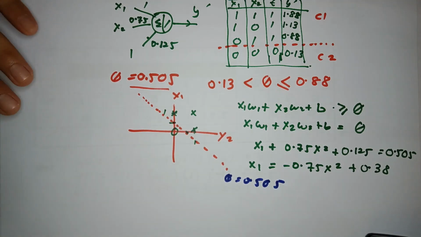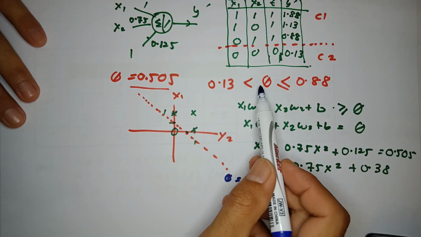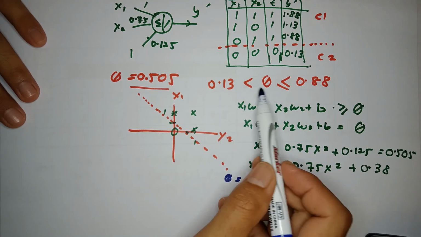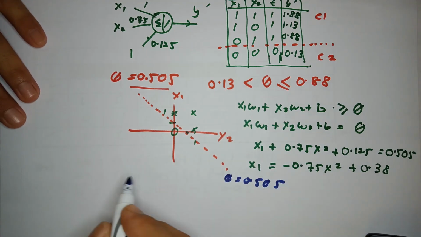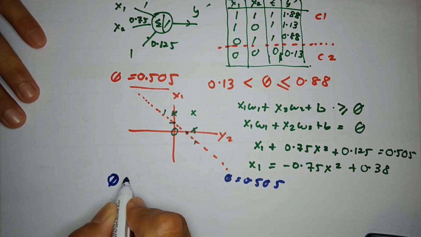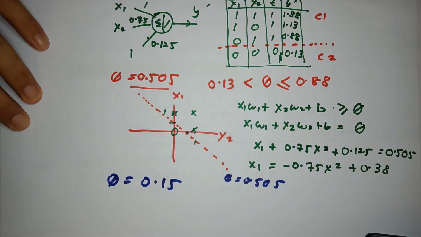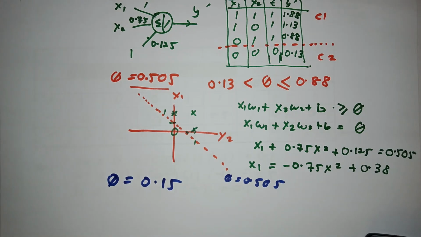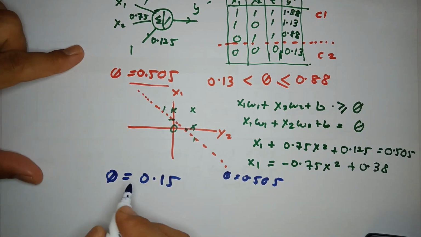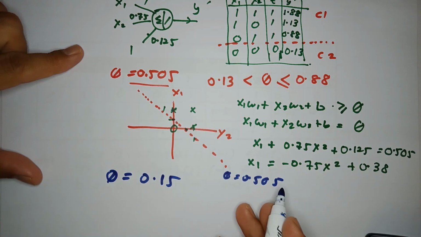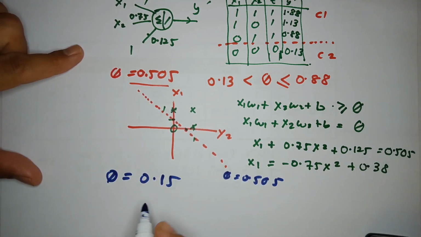Let's say in one situation you pick some theta value near to 0.13. Let's say I select theta to be 0.15, which is near to this side. What will happen to our decision boundary? For this case, let's plug into the same equation, only I put a different value of theta.